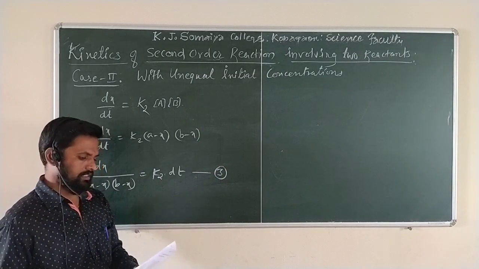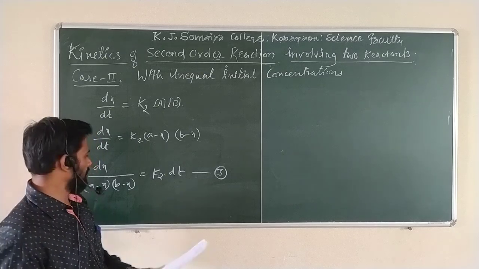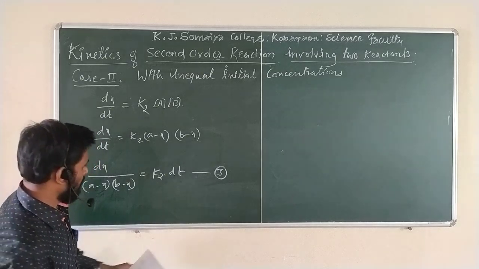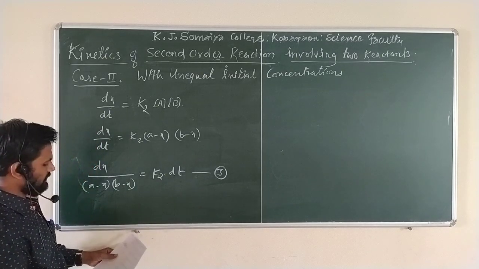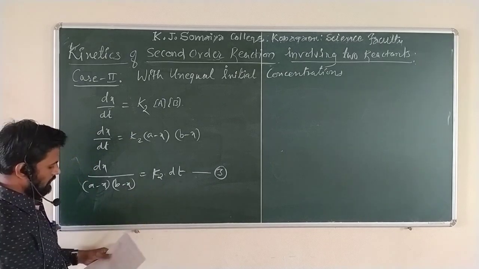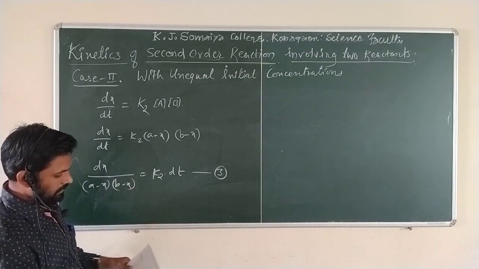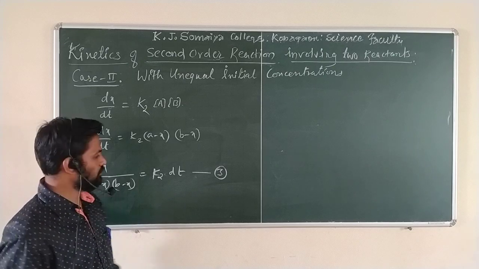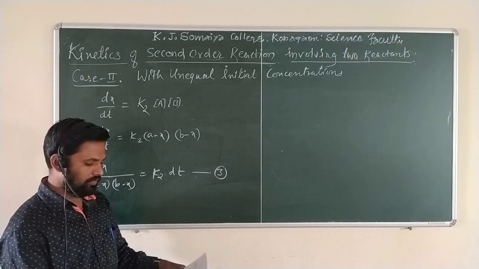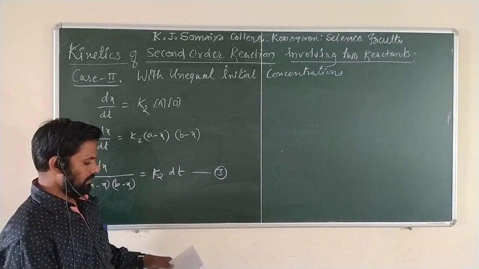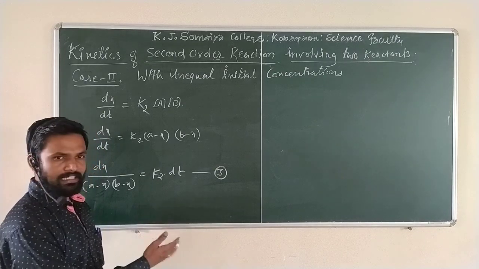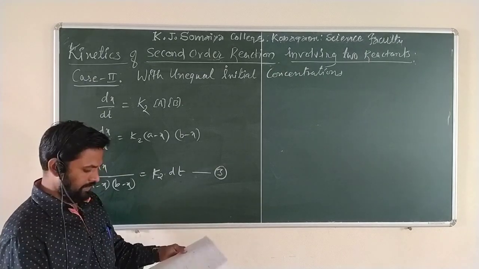That we have to integrate. Now this is equation number 3, and it can be integrated. First of all, we have to do partial fractions. Then after getting the partial fractions, you will get the equation.